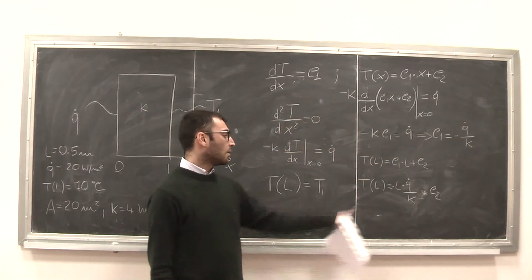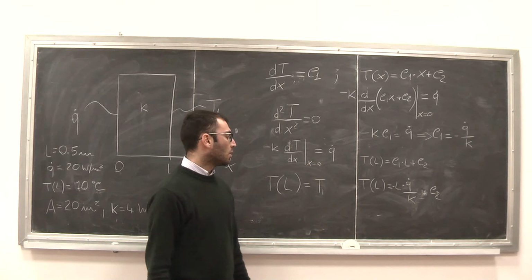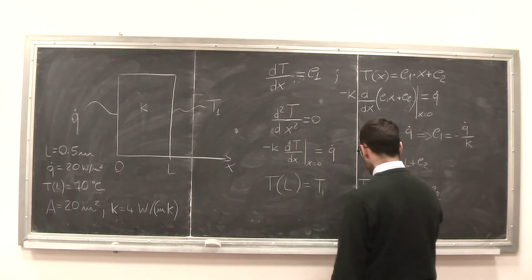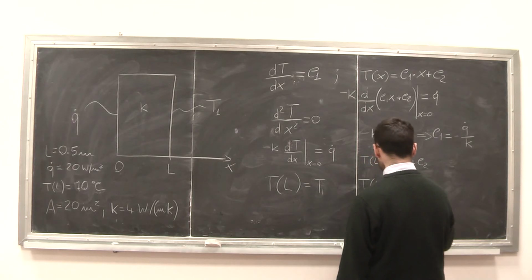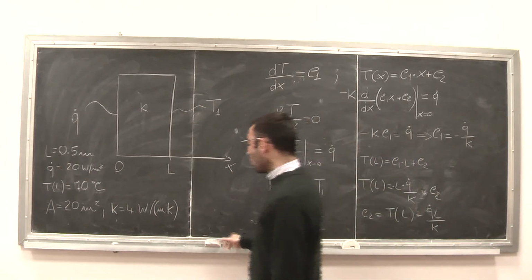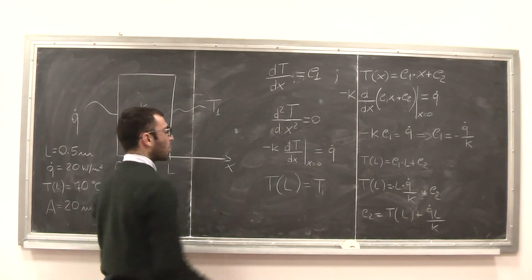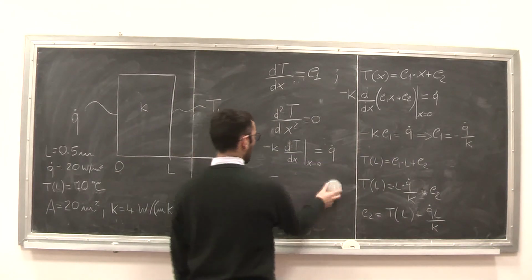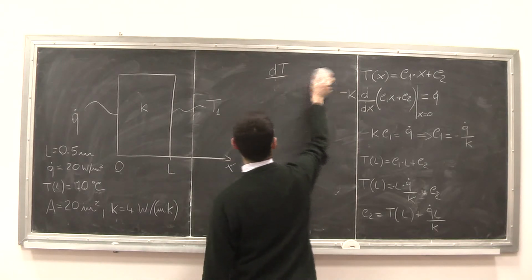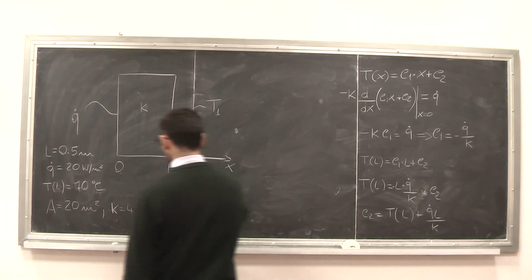Okay, and immediately we can determine from this equation C2 as C2 equal T in L plus Q dot times L divided by k. And now we can write the profile of temperature for our set of boundary conditions.